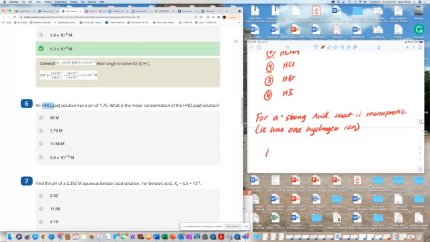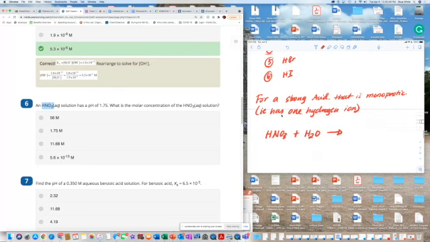So I'll show you here. Let me take the HNO3, and then for this one here, I'll go ahead and add it to water, and then I'll use my one-way arrow to show you what happens. This is monoprotic, it only has one hydrogen. When I add this to water, I get H3O plus and nitrate.